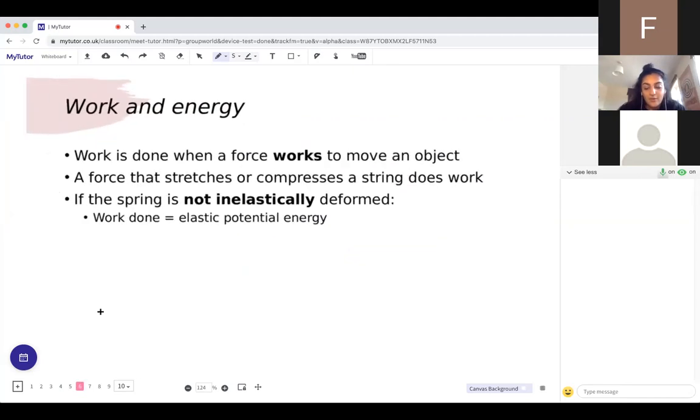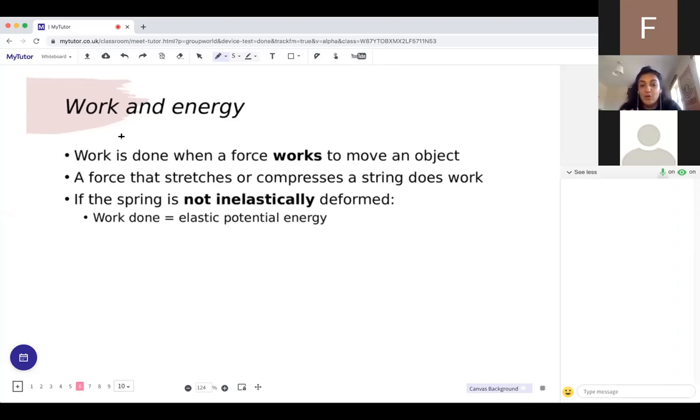Now we're going to move on to talking about work and energy. You might have heard of this key term work before. Work is a really important term in physics, and it basically means what is done when a force works to move an object. Pushing, pulling, stretching, bending, compressing, all happen because of work.